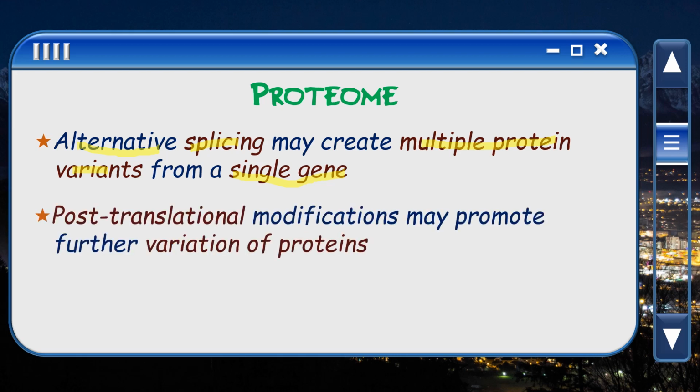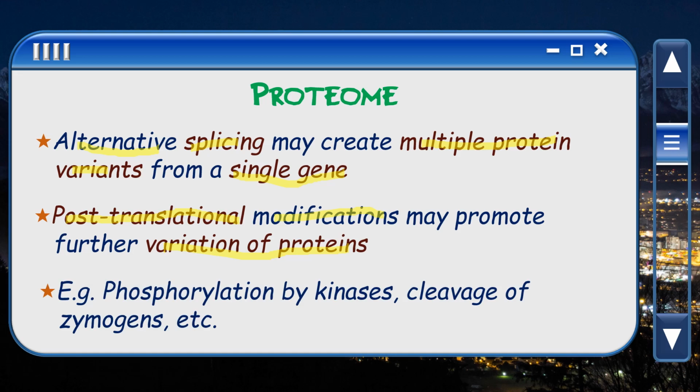Post-translation modification may promote further variation of a protein. If translation has taken place and then there is a post-translation modification, that is going to cause some little changes, and this may promote further variation in the proteins that have been produced.